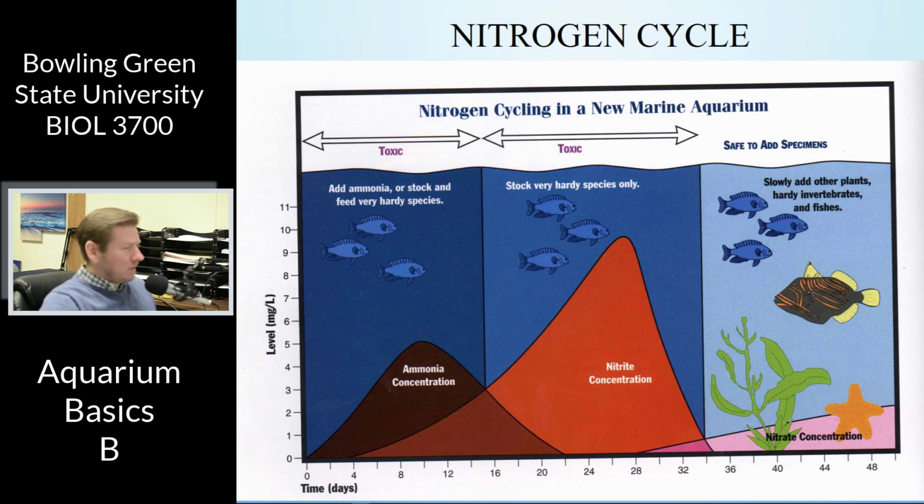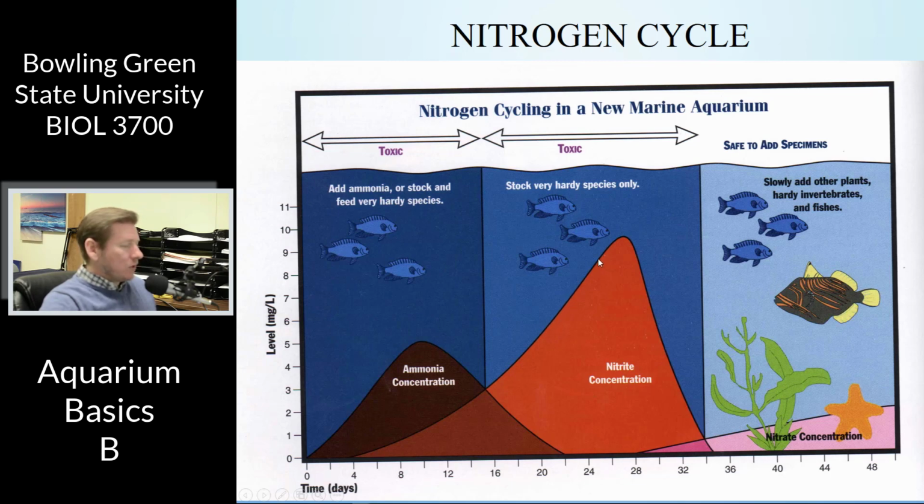They can develop what's called brown blood disease, meaning that the hemoglobin on the red blood cells will no longer bind to oxygen, and they literally can suffocate from not enough oxygen. But it's toxic for salt and freshwater fish. So here's your nitrite increasing to higher and higher levels.